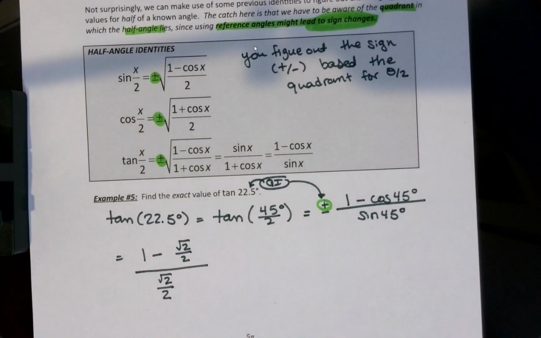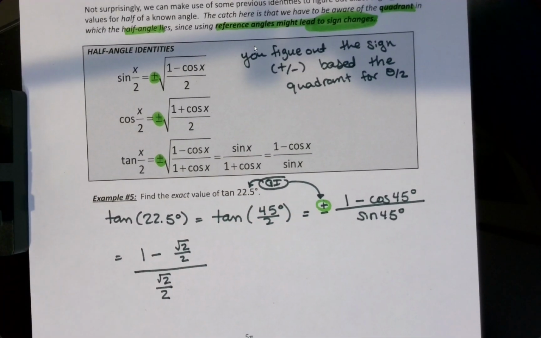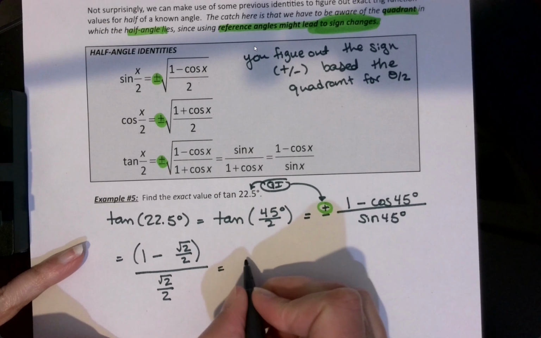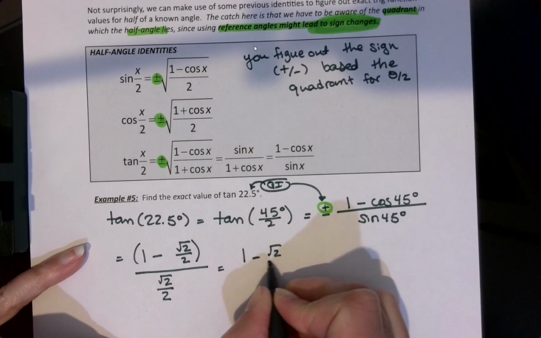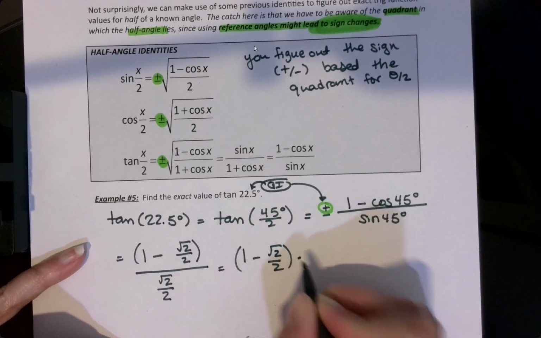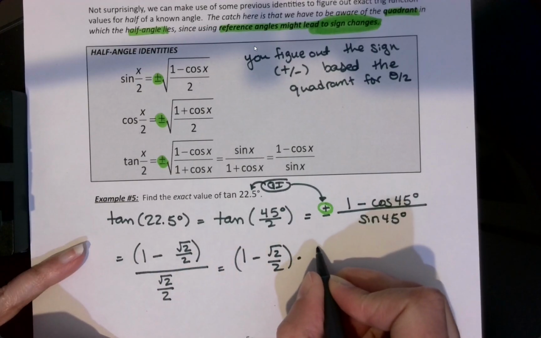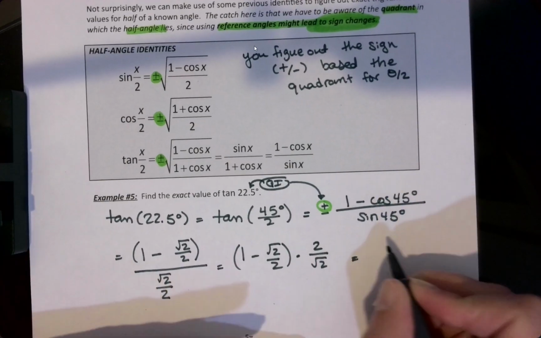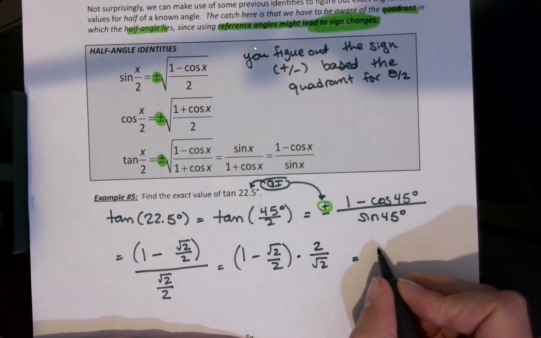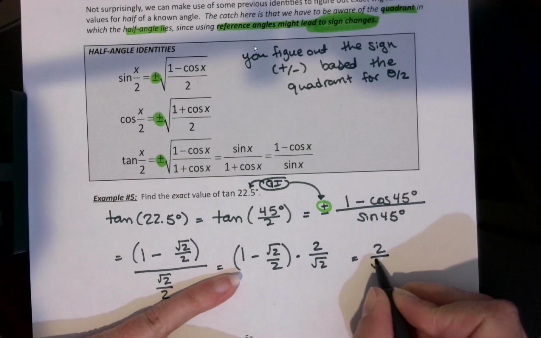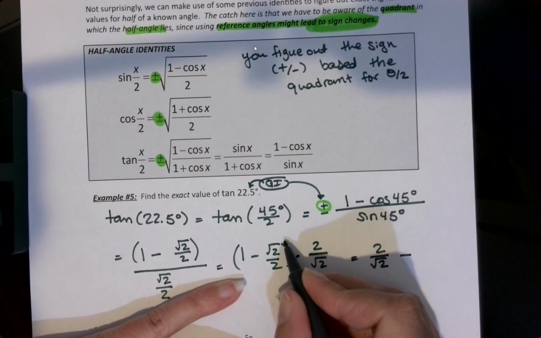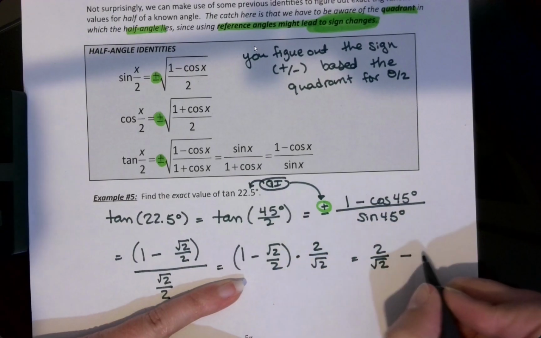We're going to rationalize this because we've got that fraction on the bottom. So I should say we're just going to simplify this. We're going to take our entire numerator here, 1 minus root 2 over 2. And instead of dividing by a fraction, we're going to multiply by the reciprocal, 2 over square root of 2. If we distribute that, 1 times 2 over square root of 2 is 2 over square root of 2, minus square root of 2 over 2 times 2 over square root of 2, which is going to be 1.